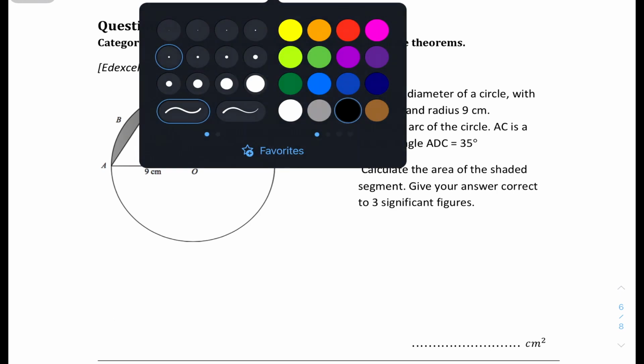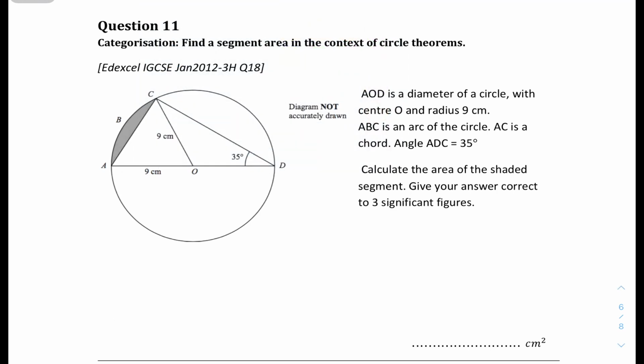And question 11, calculate the area of the shaded segment, giving your answers to 3 significant figures. So we know that this is an isosceles triangle because they're both radius, and this is 35 degrees. To find this angle right here, you have to use the total 180, like the whole pi, minus theta to get the one we want.